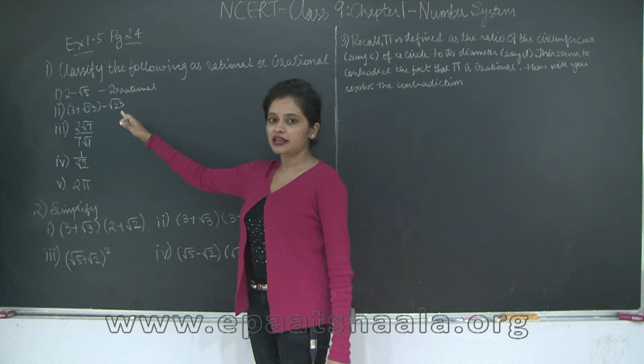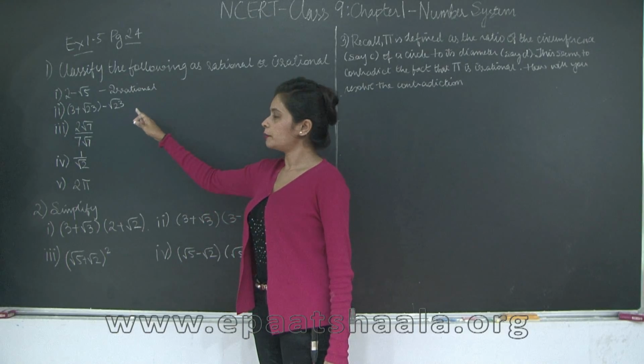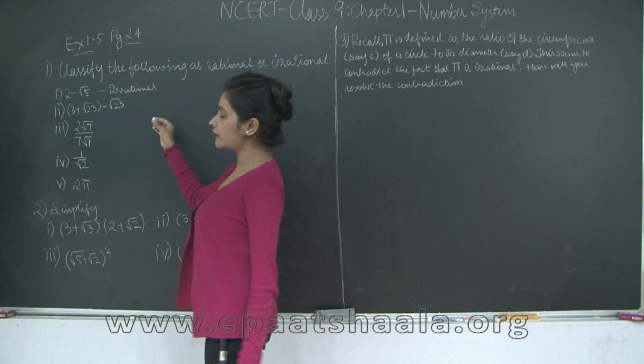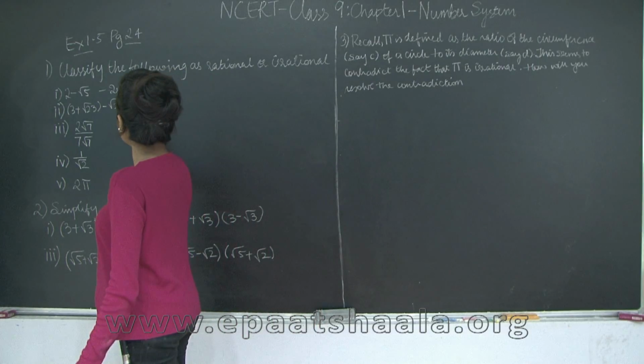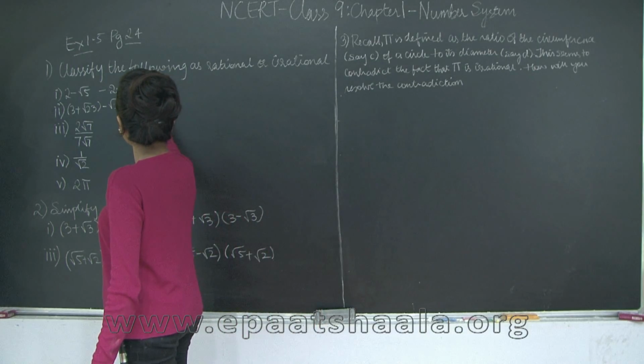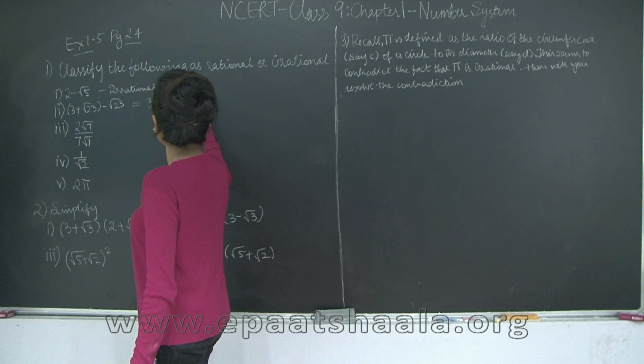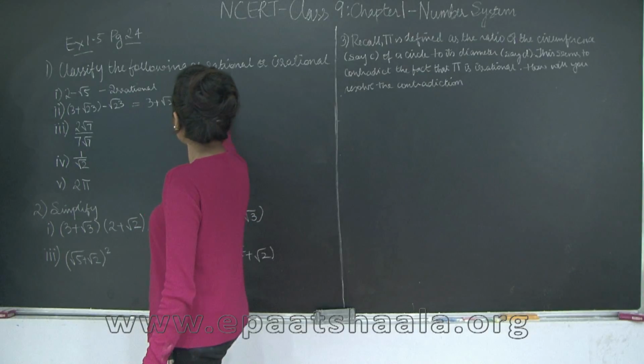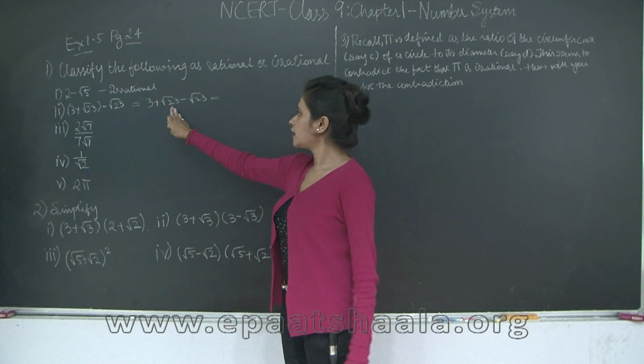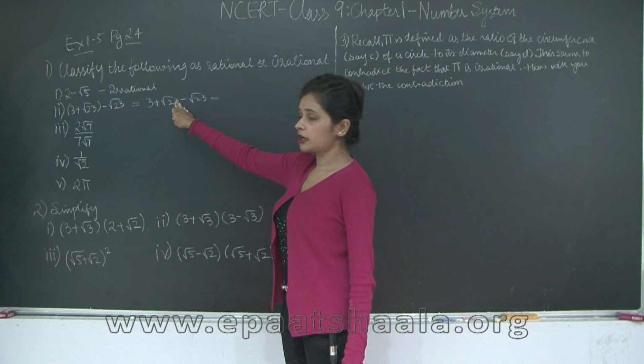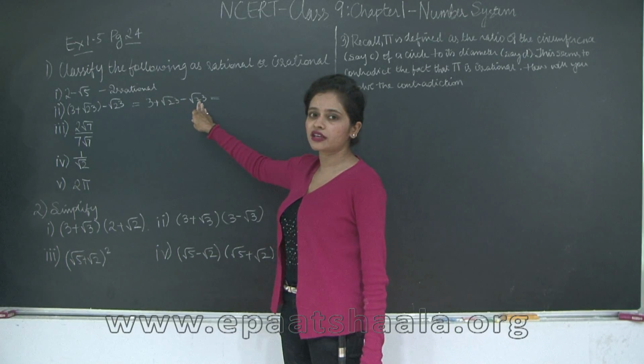We have 3 plus root 23 and minus root 23. You can further expand this bracket as follows. So you will get this as 3 plus root 23 and minus root 23. If you notice, your plus root 23 and minus root 23 are going to cancel.